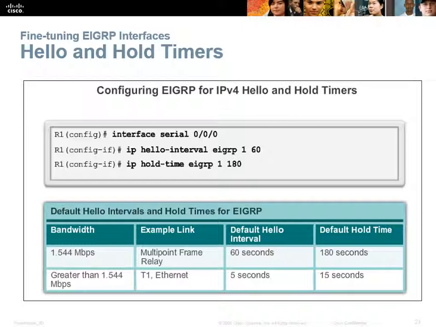T1 is 1.544. You can set it to whatever you want, but these are the defaults. So quickly, you look at it and you see my hello interval is 5 seconds. Is it a fast line or is it a slow line? What do you think? It's fast.